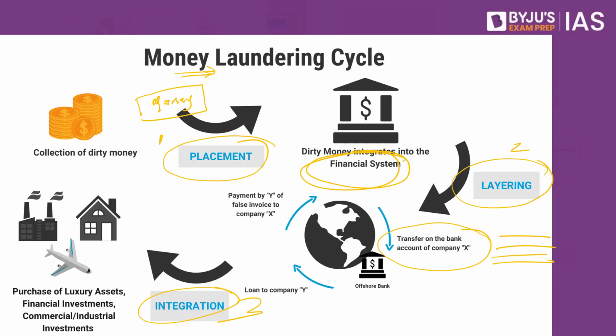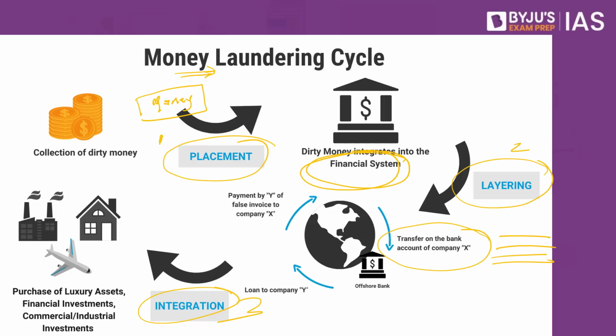Finally, after all this, where you move money from one source to another, from one organization to another, if this money comes back as something legitimate, that is called integration. So basically it starts with placement, goes through layering, a complex web of transactions, and finally when that money is seen as legitimate money, integrated as part of the system, that is called integration.